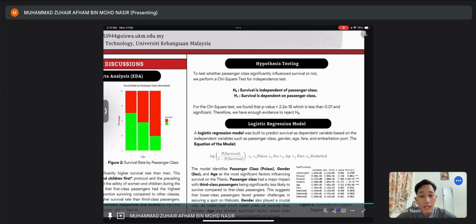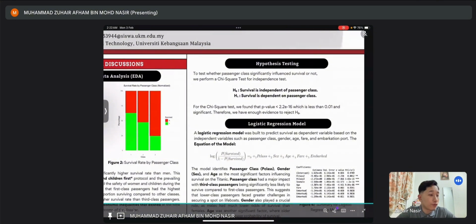So this confirms that the passenger class had a strong influence on the survival rates, because we have enough evidence to reject H null and say that it significantly influences the survival rate.